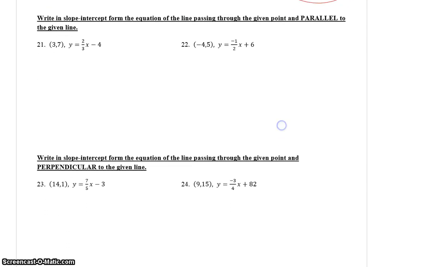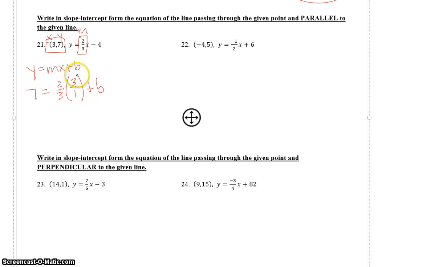Okay, write the equation parallel to this given line through this point. So they give us a point and they give us a slope. Just like above, this is my x, this is the y, this is the m. If we plug in y, m, and x, and plug it in as 3 over 1, we can find b. 2/3 times 3 over 1, these 3's cancel and you just have 2.